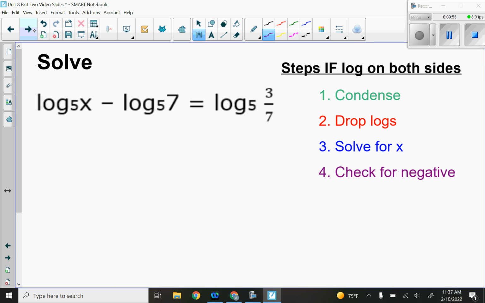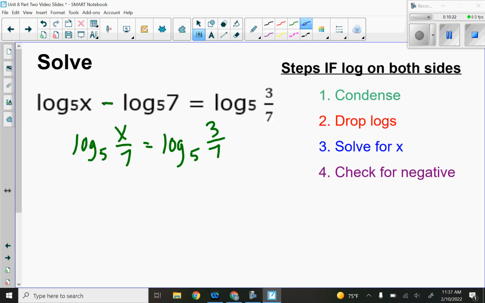So here's an example where we have to condense first. Using those log properties, we're subtracting, which means we will condense this to log base 5 of x over 7 equals log base 5 of 3/7.